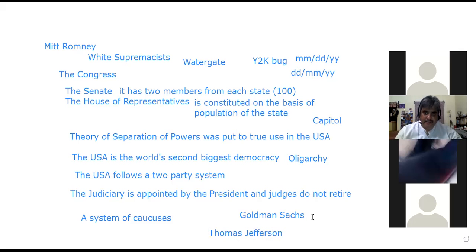That's what Thomas Jefferson claimed. He claimed that it should be overhauled or removed and a new one put in every 19 to 20 years.